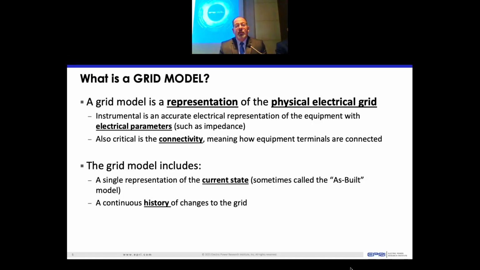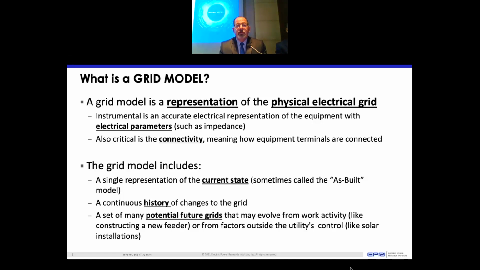So anything that would change not only the grid connectivity, but the parameters of the grid, say a new piece of conductor that has different thermal ratings or parameters or impedances, a different circuit breaker, a new bus, a new feeder, these are all changes to the grid that would need to be included, and these can be handled as projects, work packages within the utility that get validated and then included in the as-built model just prior to energization.